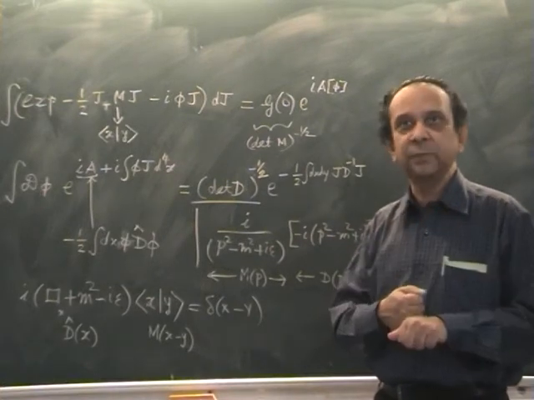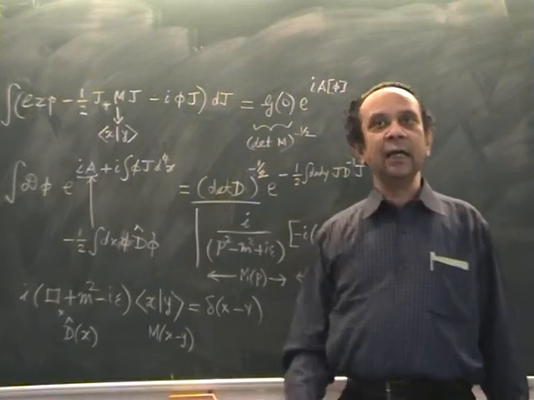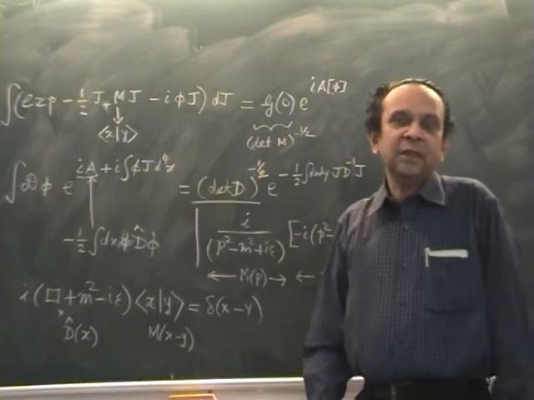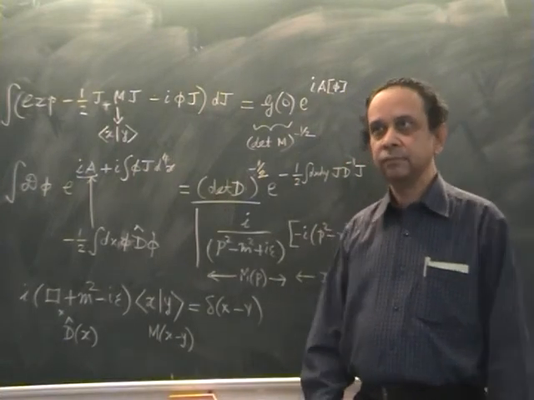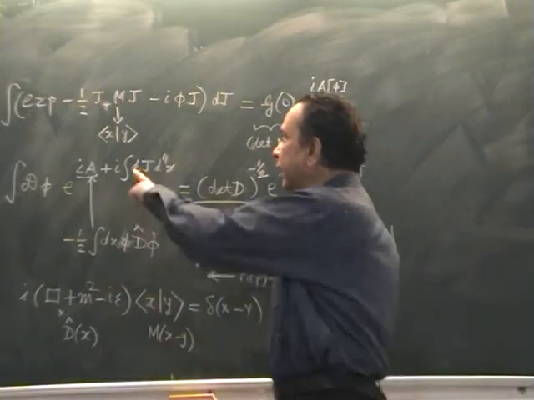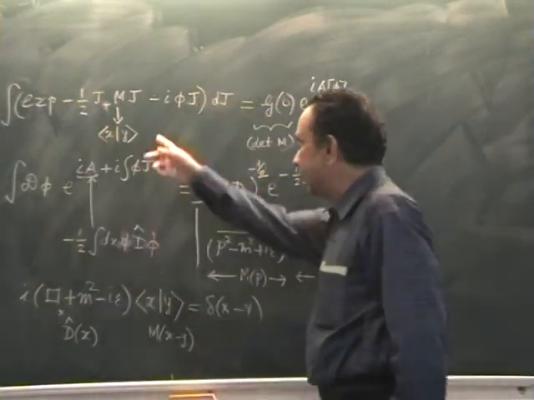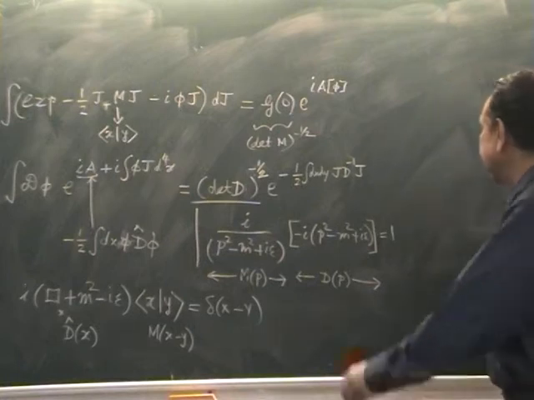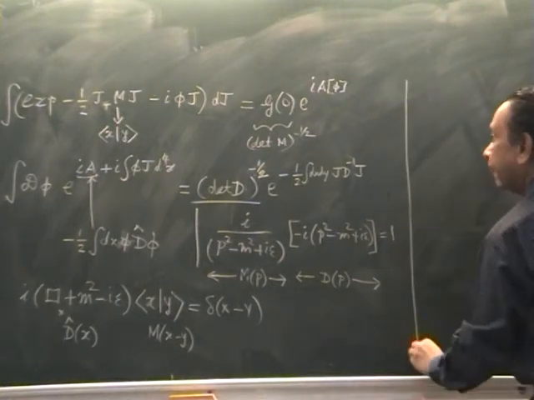Just to give you an example, here your J was a scalar, right? But suppose J is a vector. Then what would happen here is that this is of course a shorthand notation for just the xy.